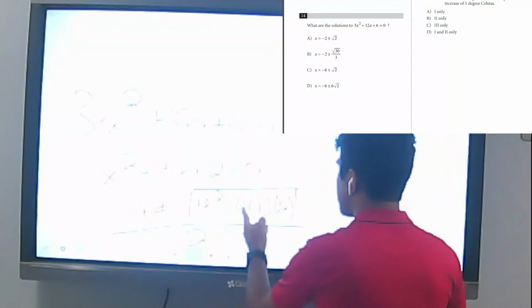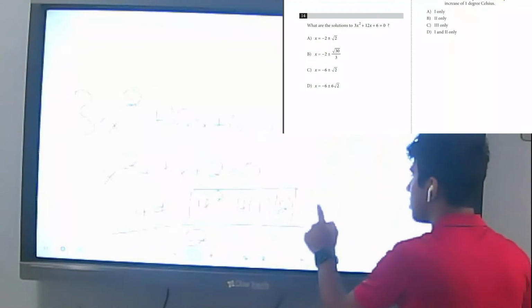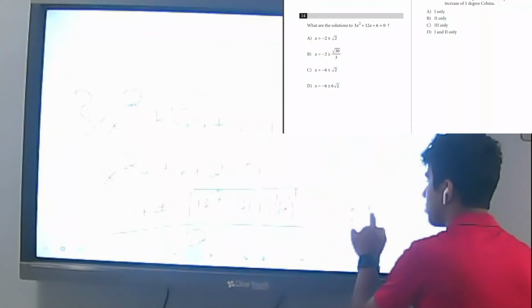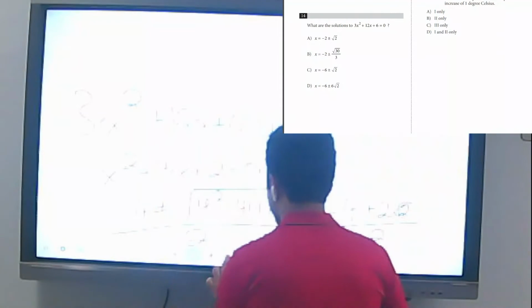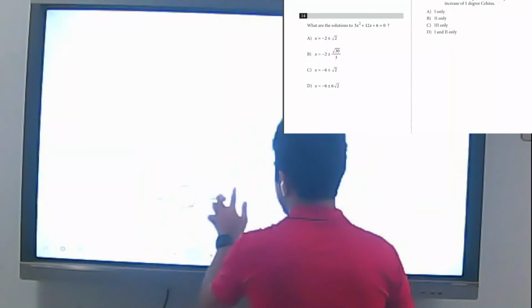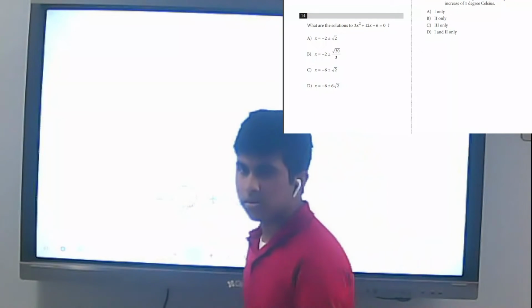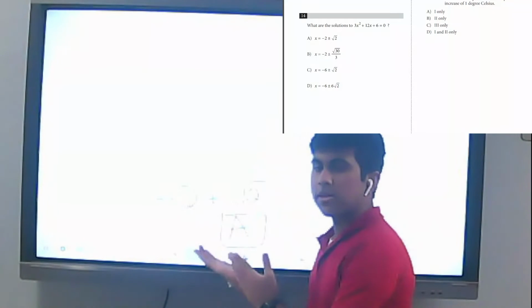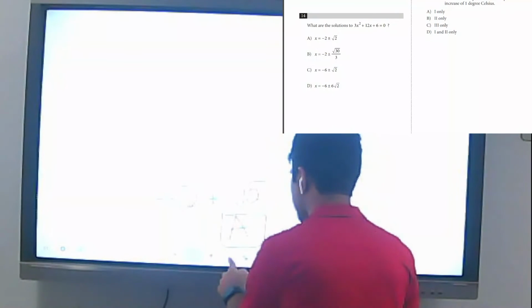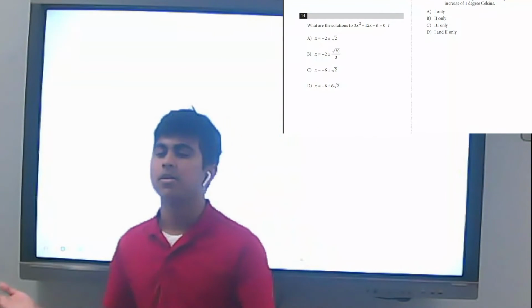So 4 squared is 16. This is 8. So square root of 8 is 2 square root of 2, over 2. That's going to be negative 2 plus or minus square root of 2, which is choice A. So that's our answer, right?